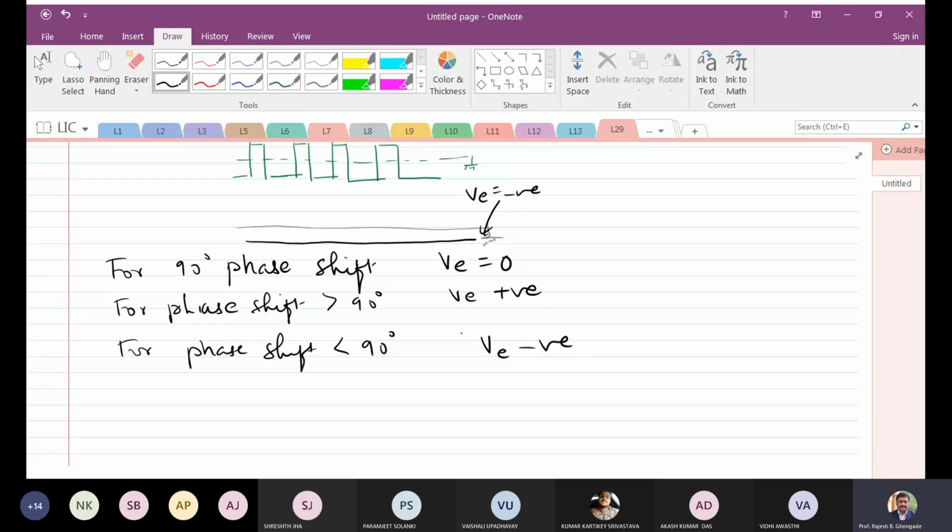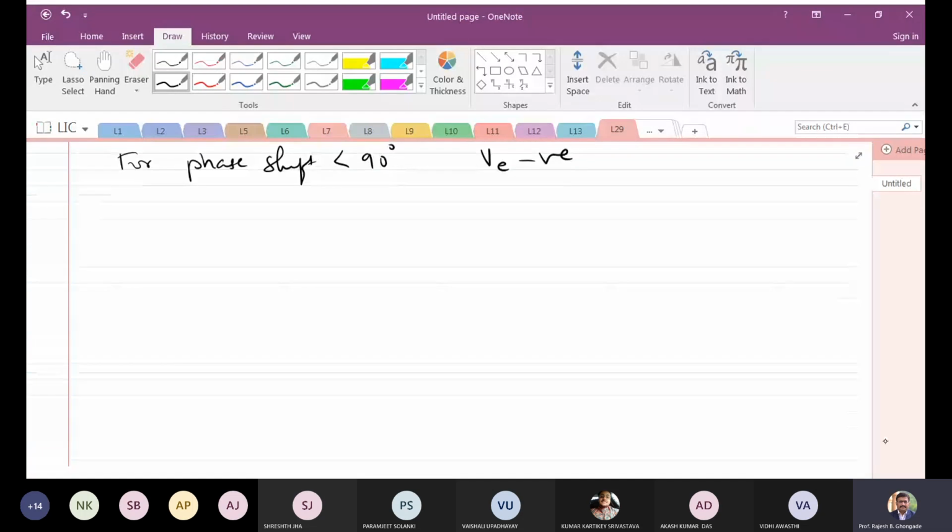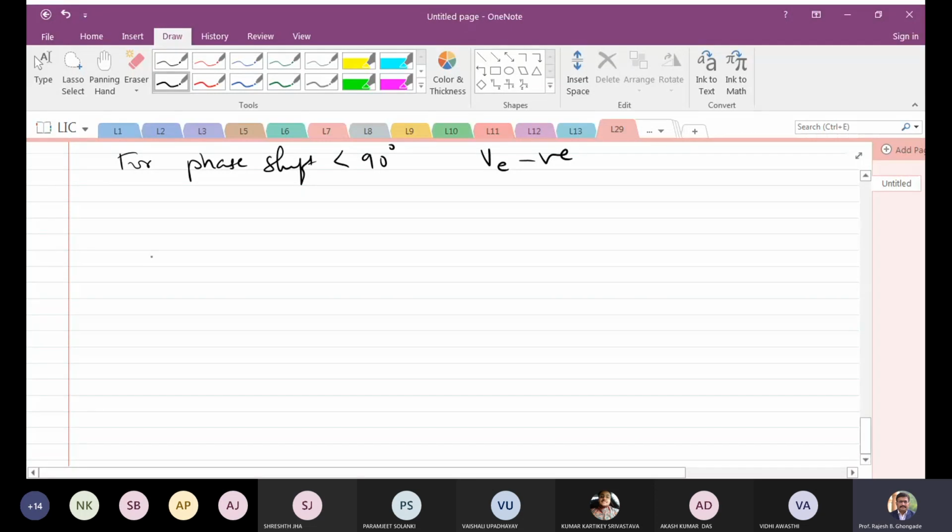Now let us see PLL components in detail. That is the XOR gate itself. We have already seen the XOR gate. I need not tell you exactly what the XOR gate is. We have already seen how the phase difference will be there.